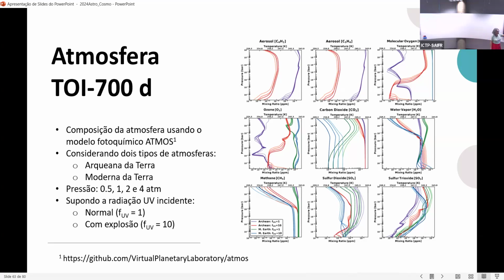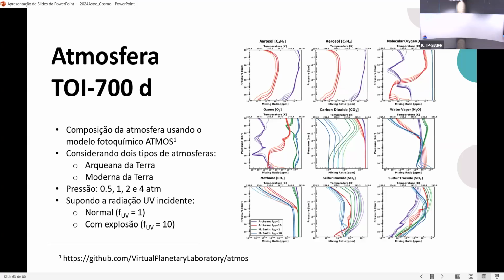You enter the spectrum of the star and the size of the planet, and it does its magic and calculates the composition of the atmosphere. So you see pressure, and this is altitude, and this is the mixing ratio, or quantity of each element.